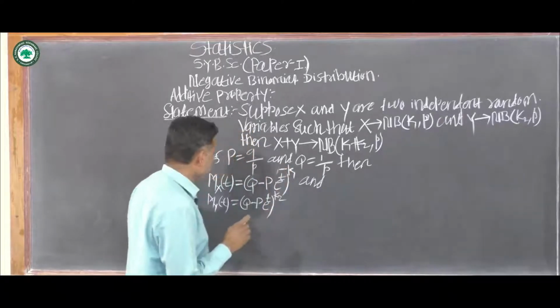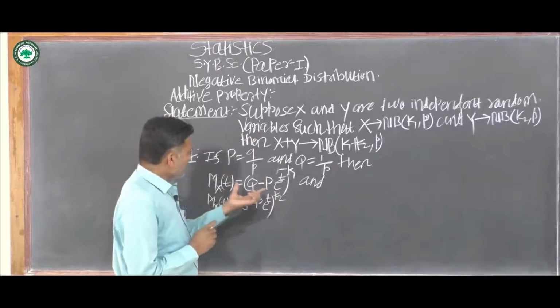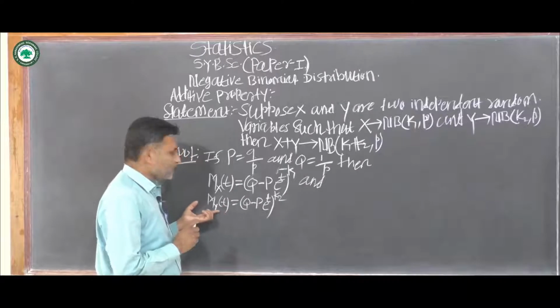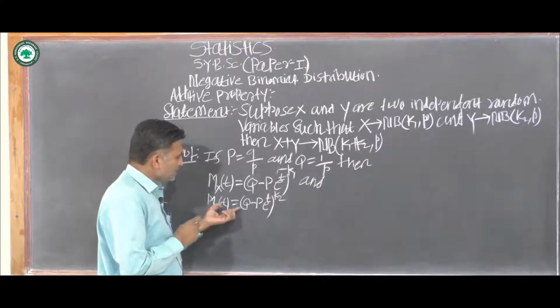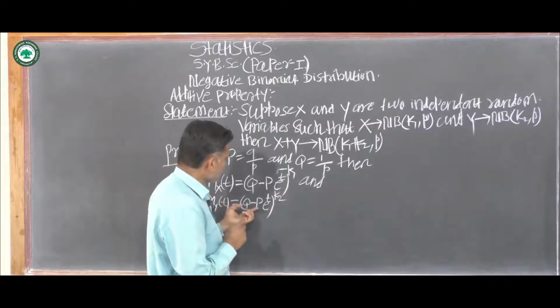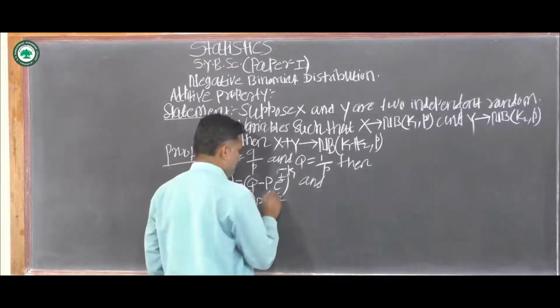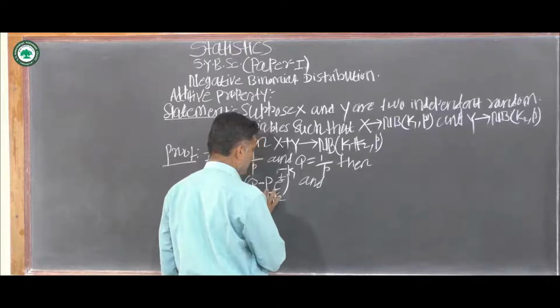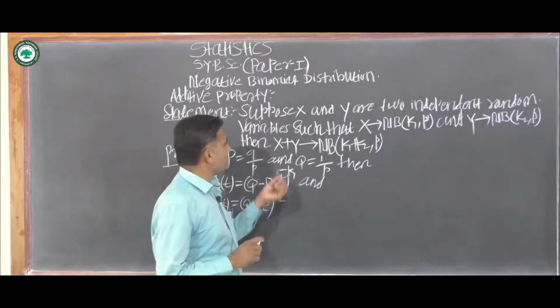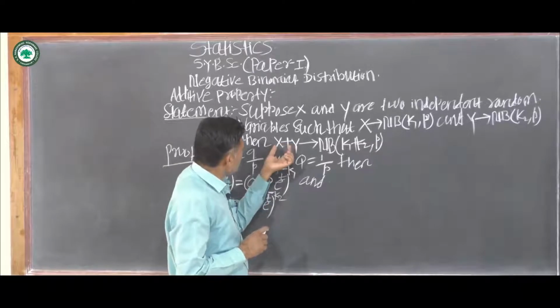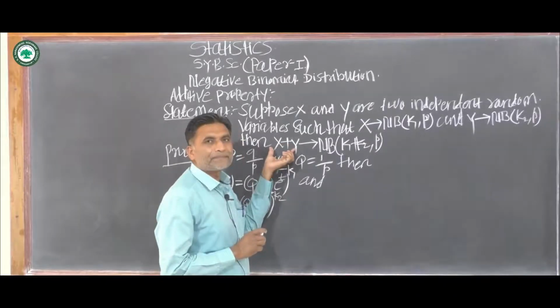And the moment generating function for the random variable Y, My(t), is equal to (Q minus P e^t) raised to minus k2. Now we have to obtain the moment generating function of X plus Y.